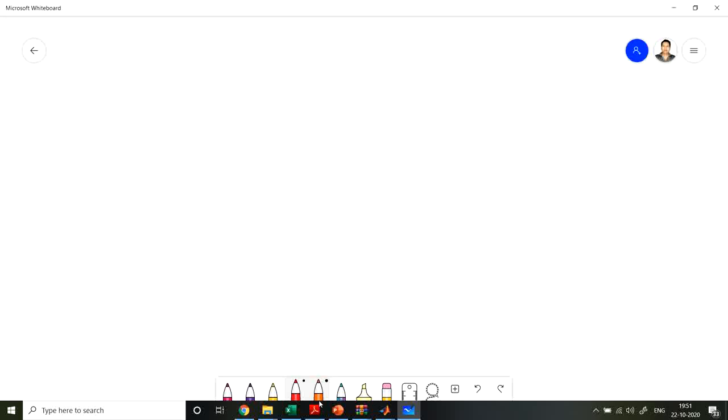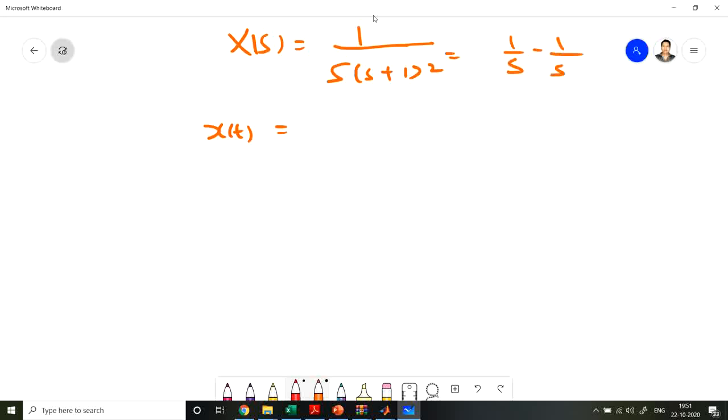So xs is written as 1 divided by s, s plus 1 whole square, and it equals 1 divided by s minus 1 divided by s plus 1 whole square minus 1 divided by s plus 1.